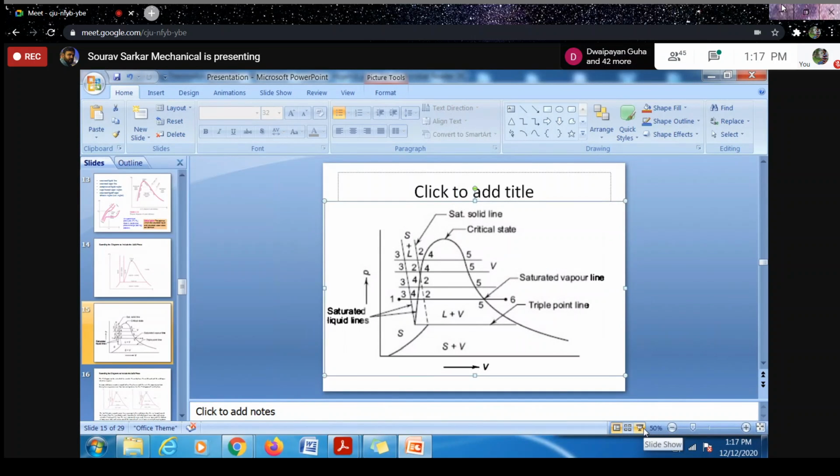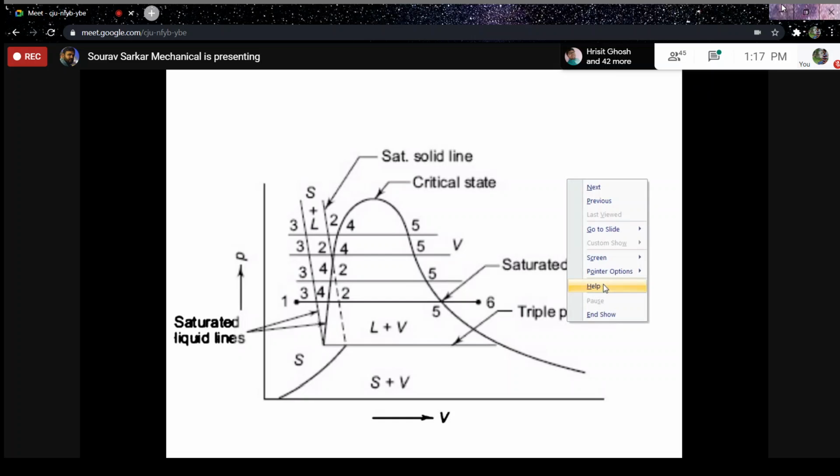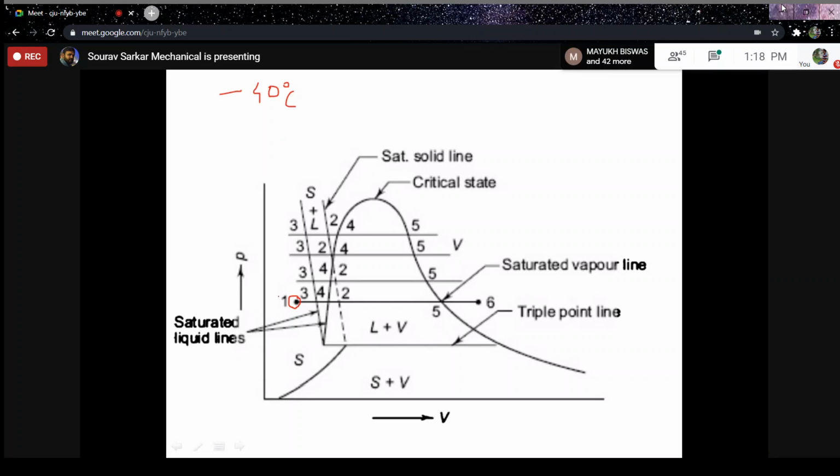So if you look into this diagram, this is the initial process where you have a piece of ice at maybe minus 40 degrees Celsius. If you start to heat this ice, it will reach 0 degrees Celsius.